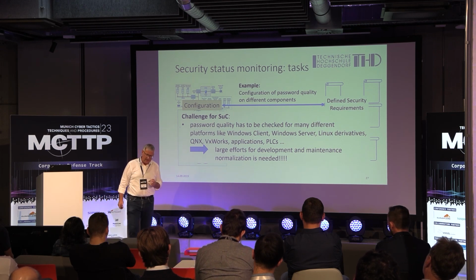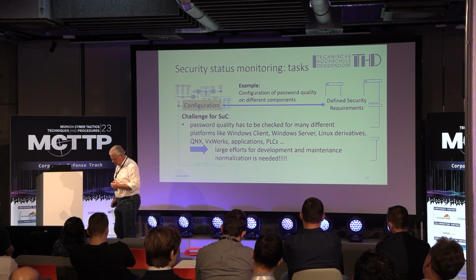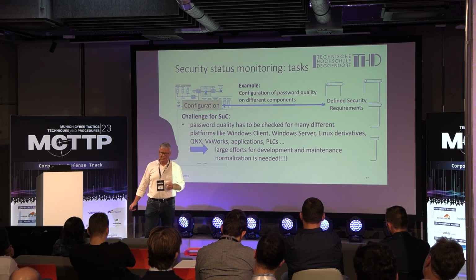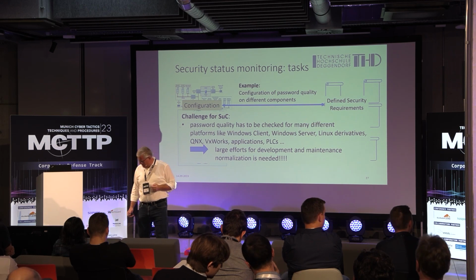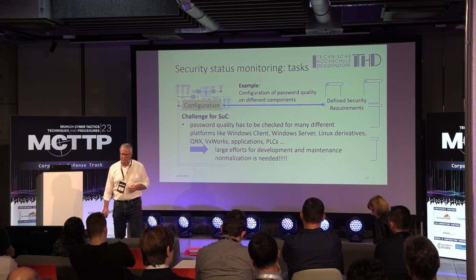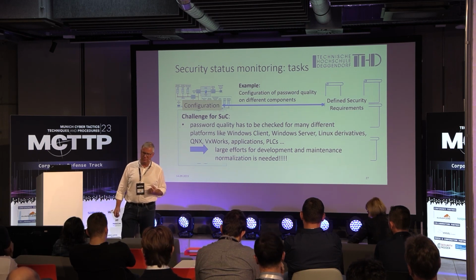So password quality has to be checked for many different platforms like Windows client, Windows Server, Linux derivatives, QNX, VxWorks, real-time OS parts, or applications, PLCs, sensors, actors, if you want to include all the elements of an industrial automation control system.